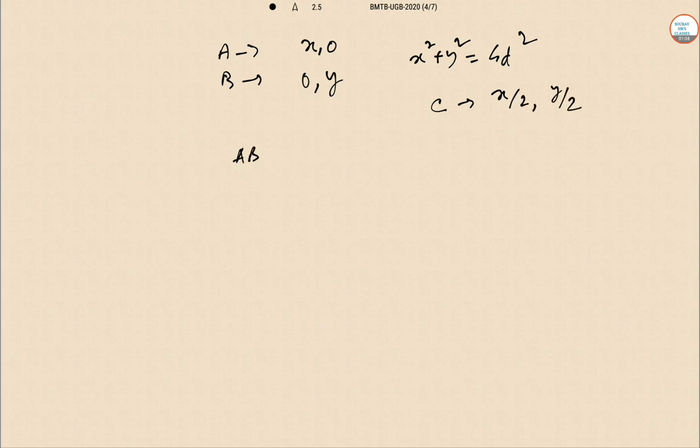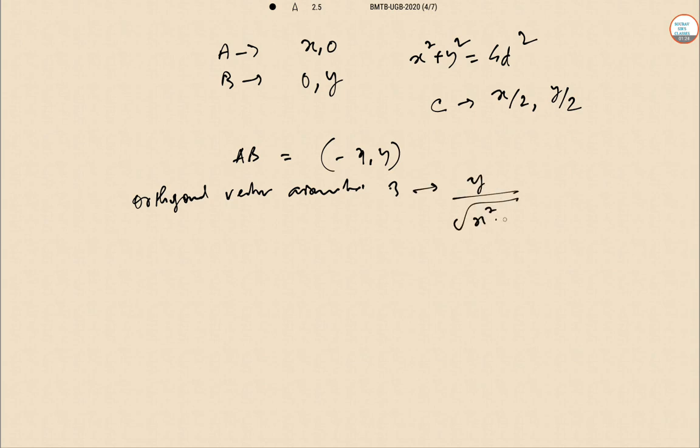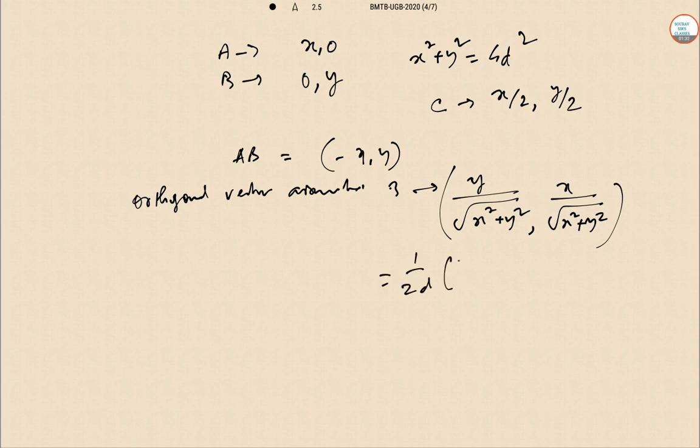So this AB line has slope minus y by x. So the unit orthogonal vector associated with this will be 1 by 2d times y comma x.